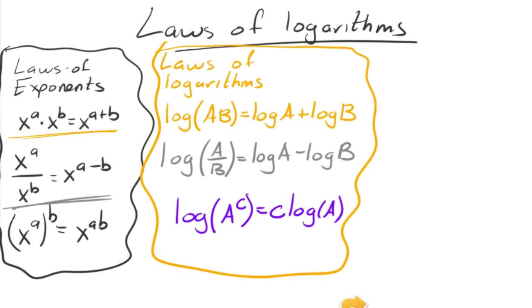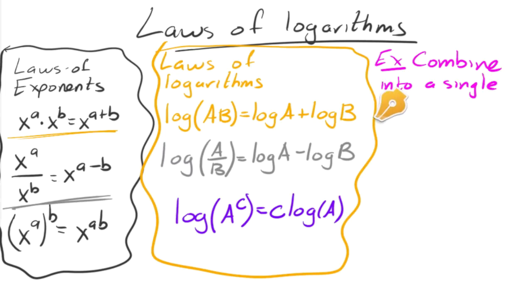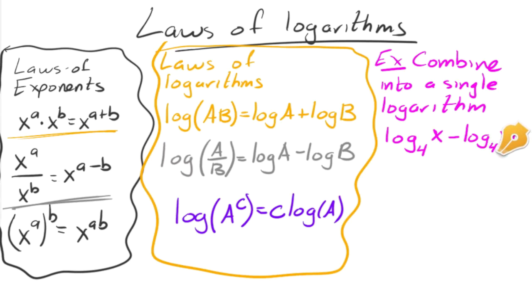Okay, so let's do some examples of using these laws. Let's say, for example, I want to combine into a single logarithm. So let's say I have log base 4 of x minus log base 4 of x plus 3.